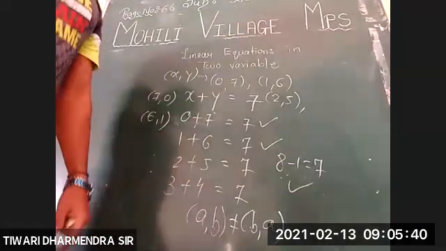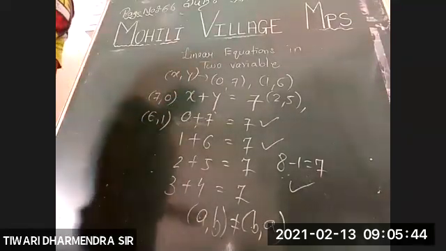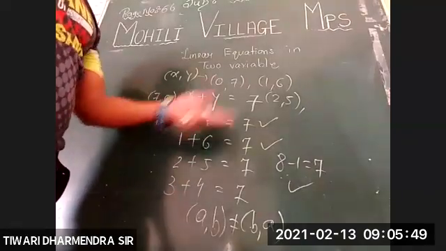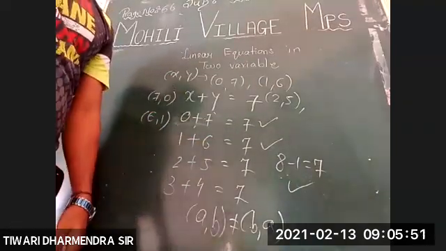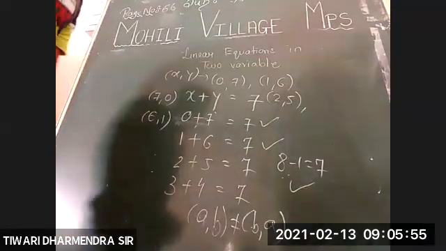So now, as we started with the puzzle, select any two numbers which give you 7. So we got lots of answers. Again, one more question I will ask you.